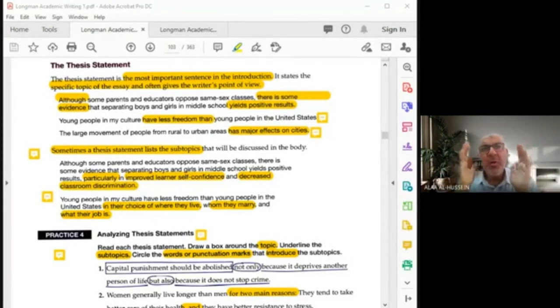We either write our opinion, our position, our claim, our point of view in the thesis statement without referring to the subtopics, or we write the thesis sentence and add subtopics to it. What is the difference between thesis sentences without subtopics and thesis sentences with subtopics?